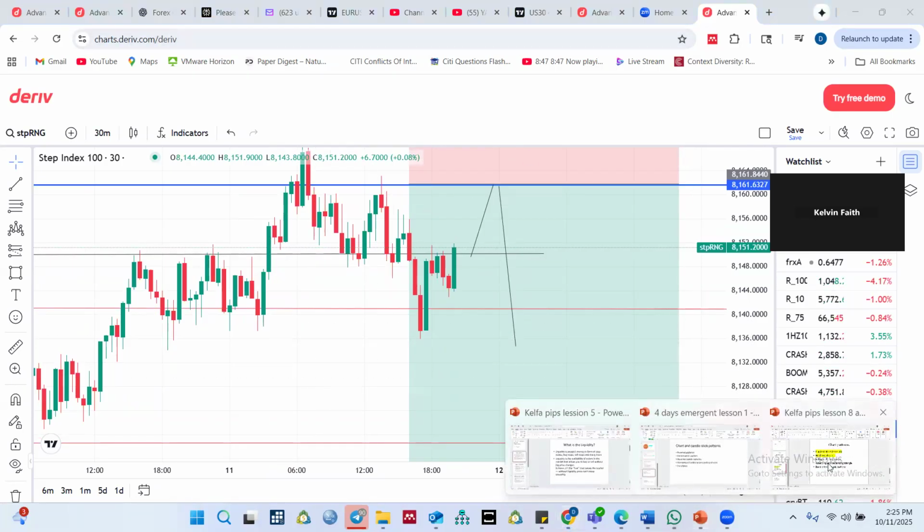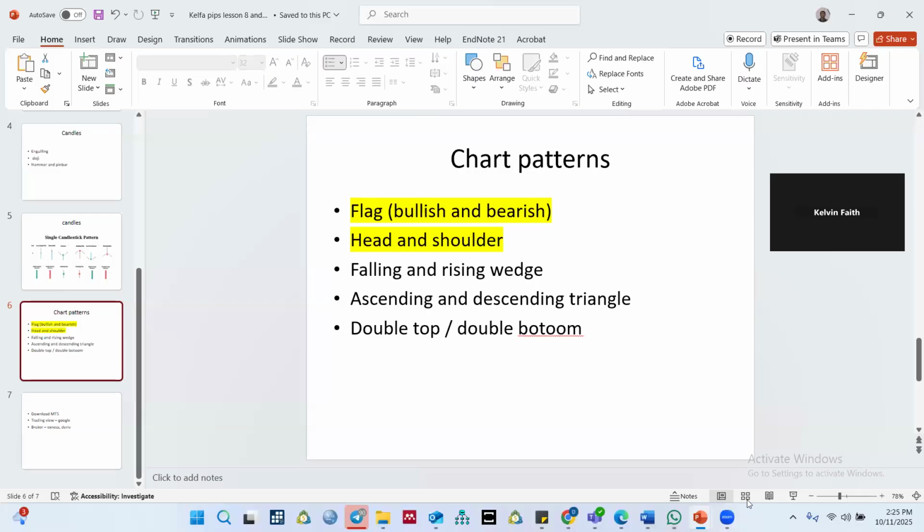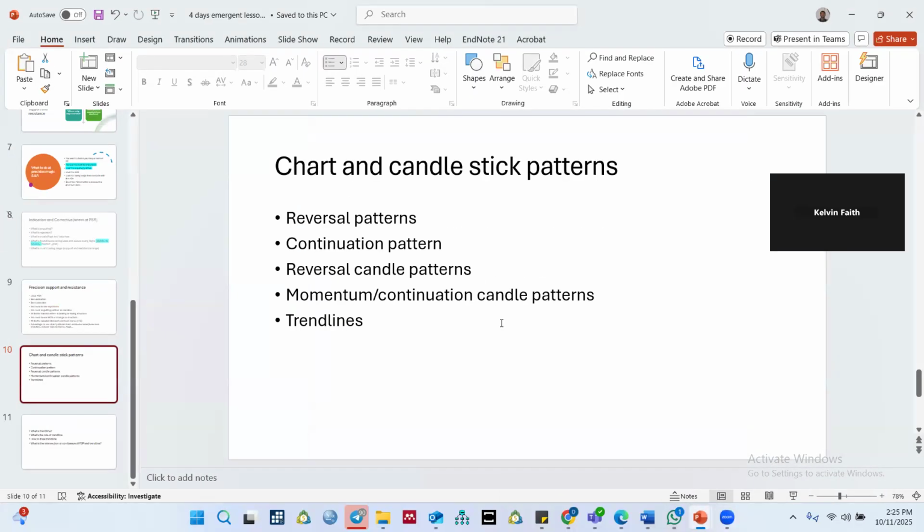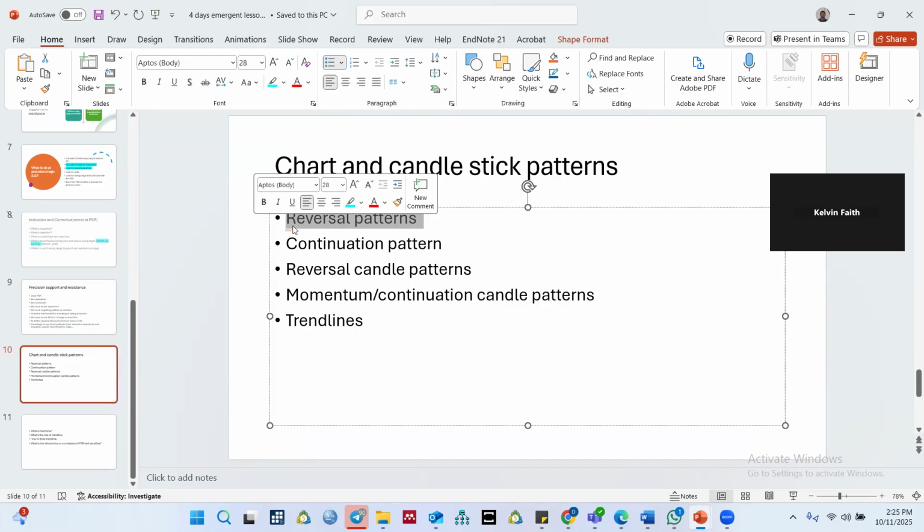Good. So, chart patterns today. There are two purposes of chart patterns. One, chart patterns can be viewed as showing us reversals, and two, they also show continuation.